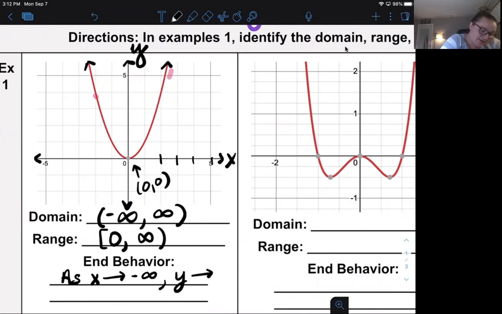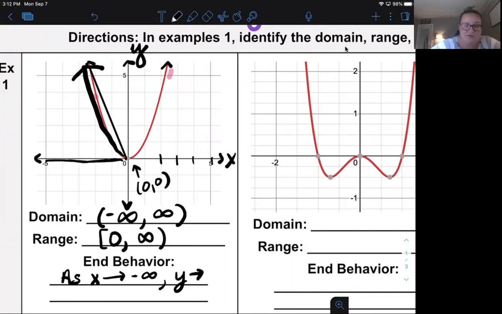As you can see, as x approaches negative infinity, so as our x's go off in the negative direction, what are the y's doing? Well, as the x's go to the left, the y's continue to rise, which means that we're headed in the positive infinity direction, which I don't need that positive sign in front. We can just say infinity and know that it's positive infinity. So as x approaches negative infinity, y approaches positive infinity.